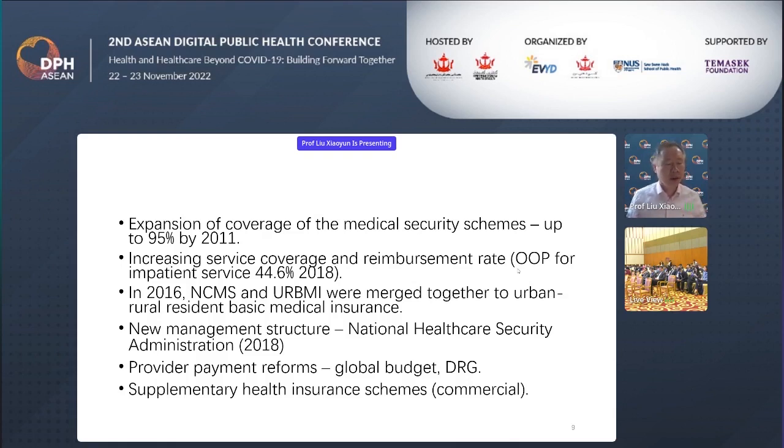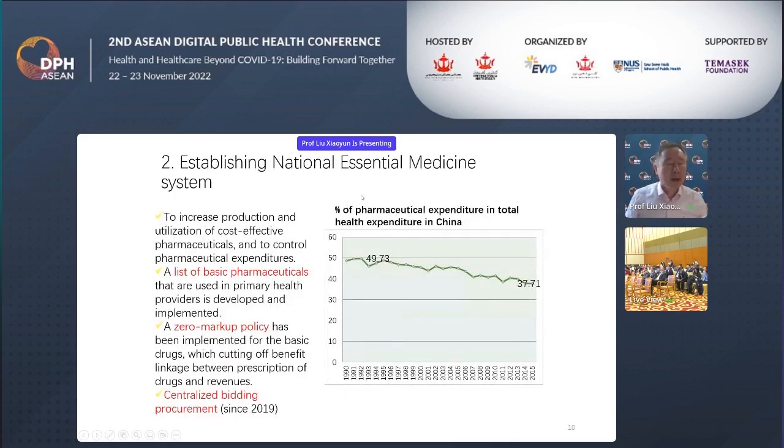And reforms also focus on developing new provider payment reforms and supplementary health insurance, commercial health insurance schemes. So this is the first part of the system of the reform.